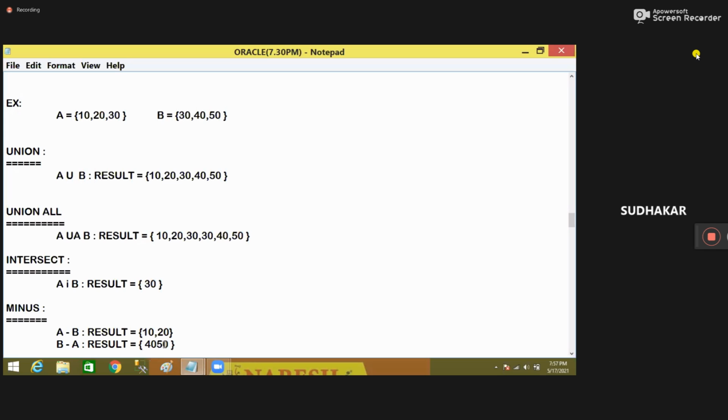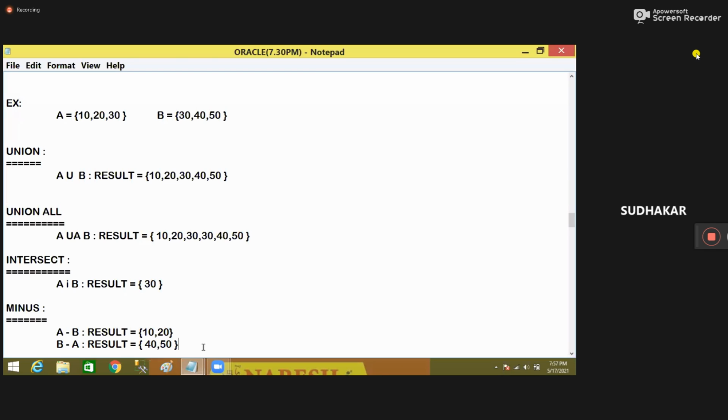So now these are the union all, intersect and minus operators. How do these operators work in mathematics?